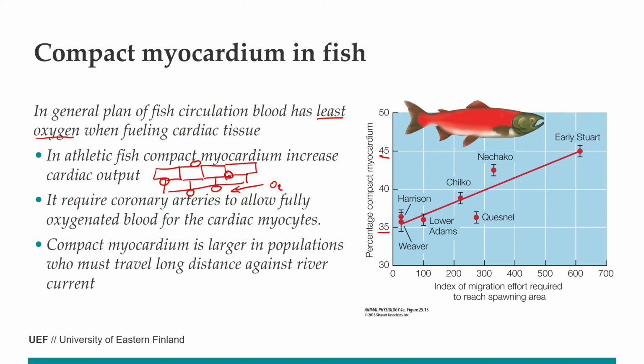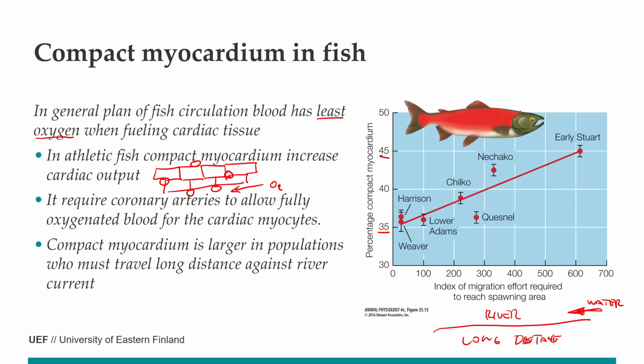And in those populations where they have more compact myocardium, they are traveling on the river a long distance. Or there's a large flow of water. So the river current might be a huge stream against which they must fight to get to the breeding areas.